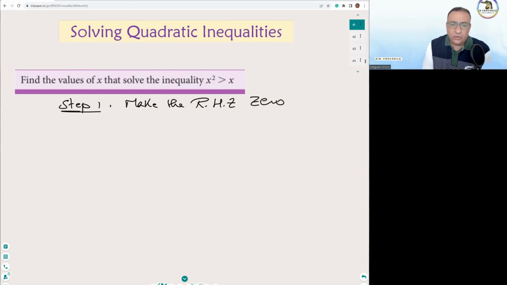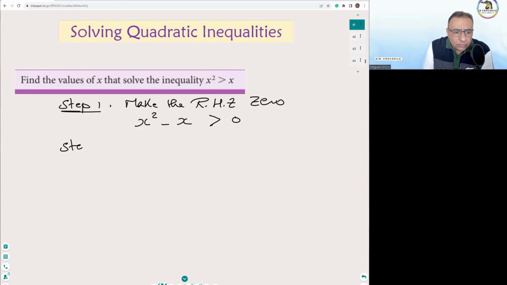For example, here we have an example. Find the values of x that solve the inequality x squared greater than x. So step one, let's bring x to the other side with a negative sign. So x squared minus x bigger than 0. So that is step one.